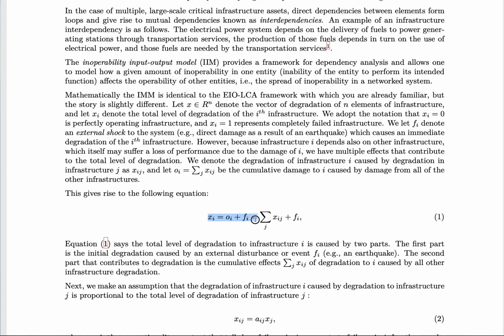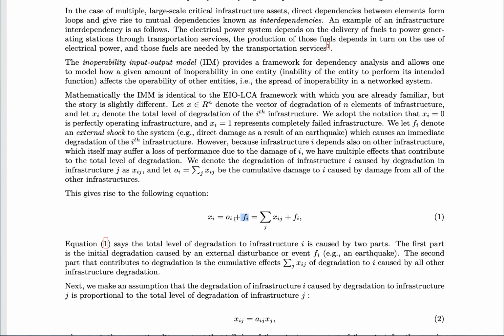Okay, this will give rise to an equation that looks awfully similar to one we've seen before. The total damage to infrastructure i will be nothing more than the sum of two parts. The first part, if we follow the text here, is due to the external disturbance, i.e. the earthquake.